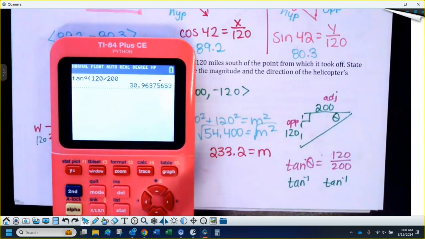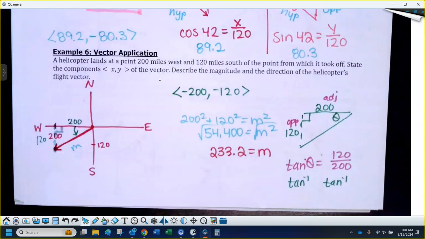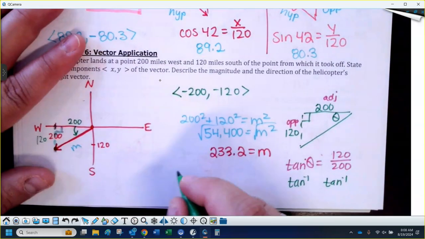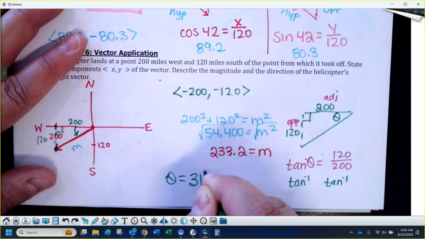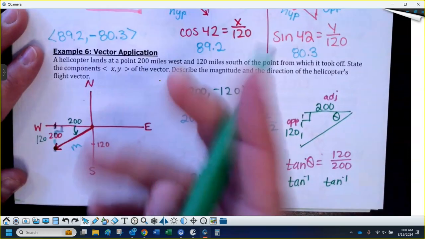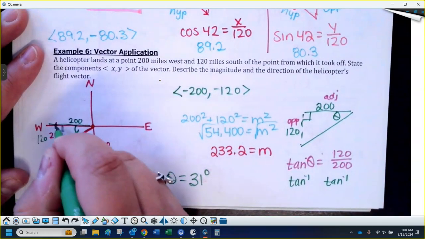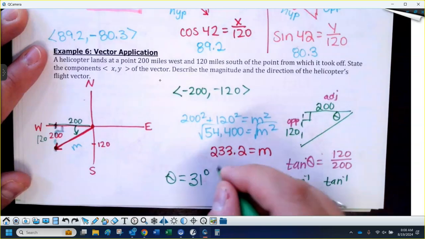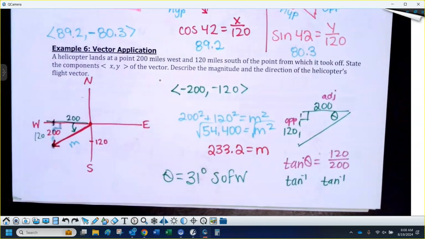I got 30.96, so nearest degree I'd go up to 31. So my theta there, 31 degrees. So I got the angle measure, how would you describe the direction? So I'm going, here's south of west. You're going from the west side down, so it'd be south of west.